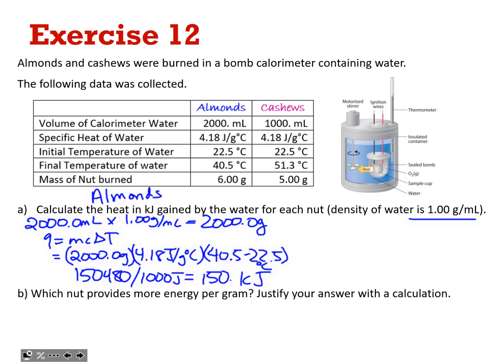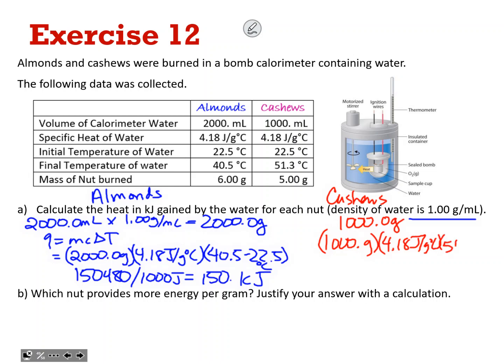Now let's look at the cashews. And, you know, since we already showed how we converted the milliliters to liters over there, we can just go ahead and change this over to grams, okay? Since it's 1,000 milliliters to the grams there. And we just do the same thing. We use our Q equals mcΔT. So 1,000 times the 4.18 times the temperature change.